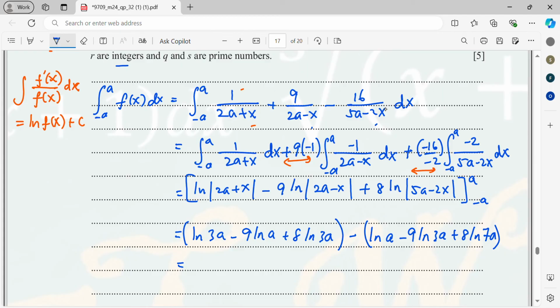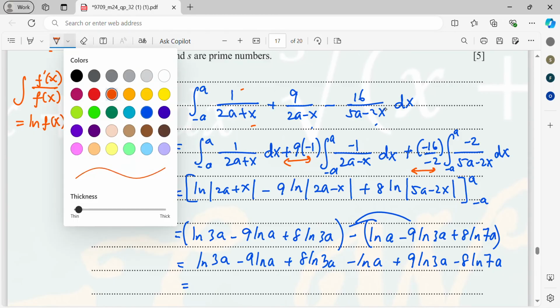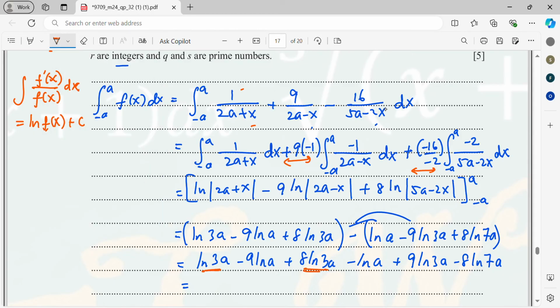Open the brackets first. ln 3a minus 9 ln a plus 8 ln 3a minus ln a, bring in the minus, plus 9 ln 3a minus 8 ln 7a. Now for the 3a, 3a, 3a, here you get 9 plus 9, 18. So 18 ln 3a.